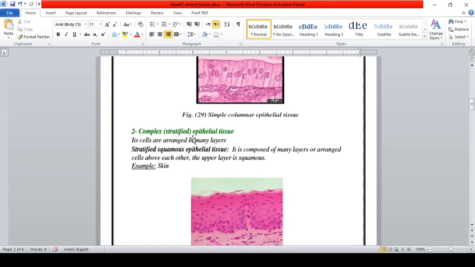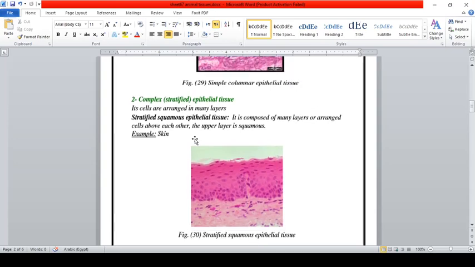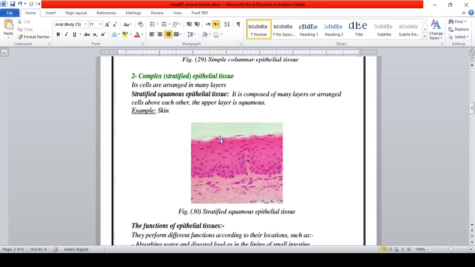Stratified means many layers above each other. The cells are arranged in many layers, like the stratified squamous epithelial tissue. We have here one type, and this type depends on the surface, on the final layer. If this final layer is squamous, it is squamous epithelial tissue.